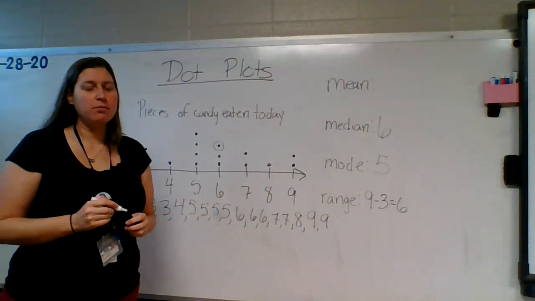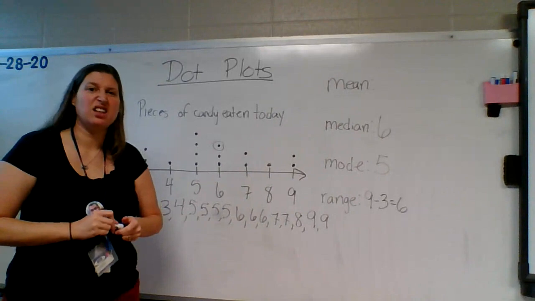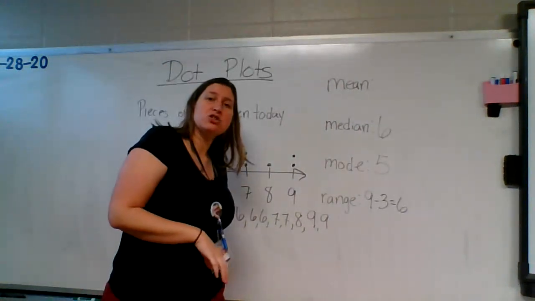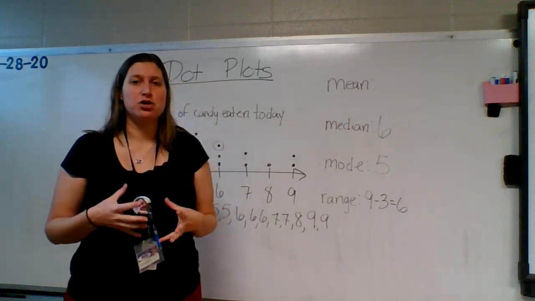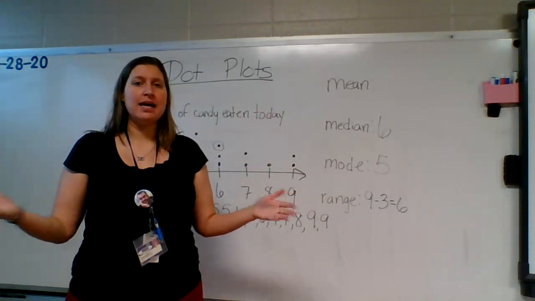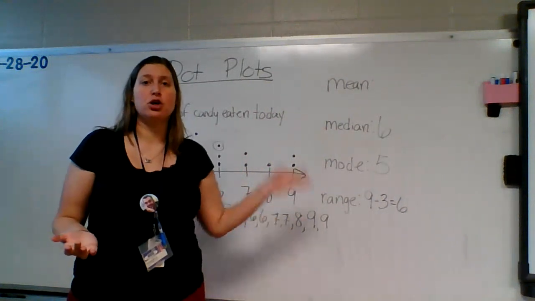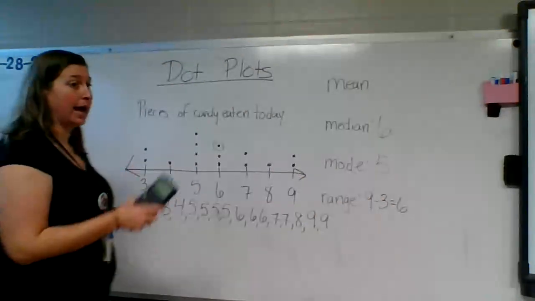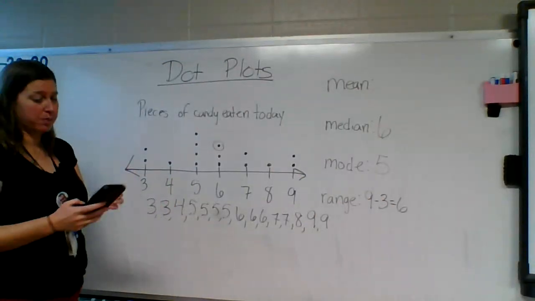The last one, and this one actually has a little bit of math to it, is our mean. So remember, mean is just another way that we say average. So we are going to add up all of our data set and divide by however many numbers are in our data set. So I have my calculator. I'm going to add them all up. So please add it with me.